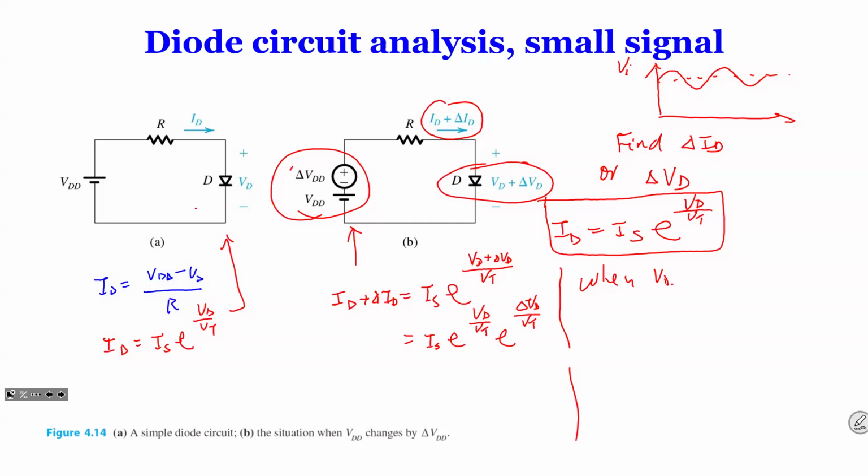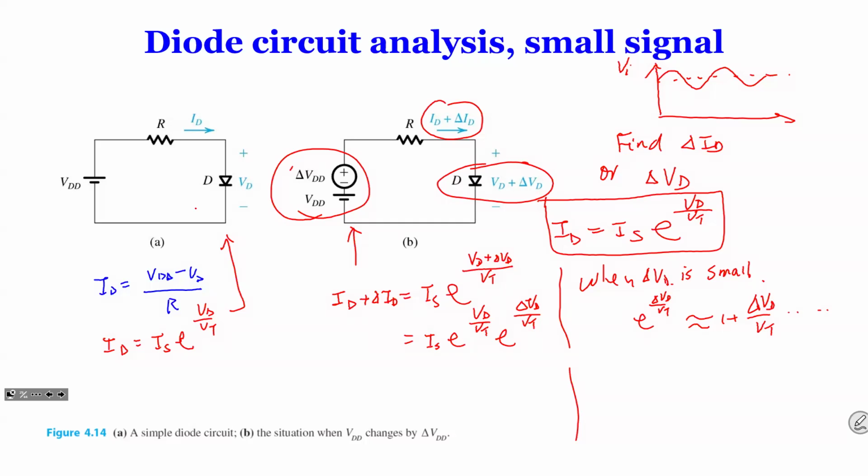What we are saying is that if delta VD is small, this brings in mathematics that you probably learned in your Math 150. If delta VD is small, e to the delta VD over VT can be written as 1 plus delta VD over VT, and then you have other higher order terms. But if it's small, this Taylor series is good enough to represent this value.